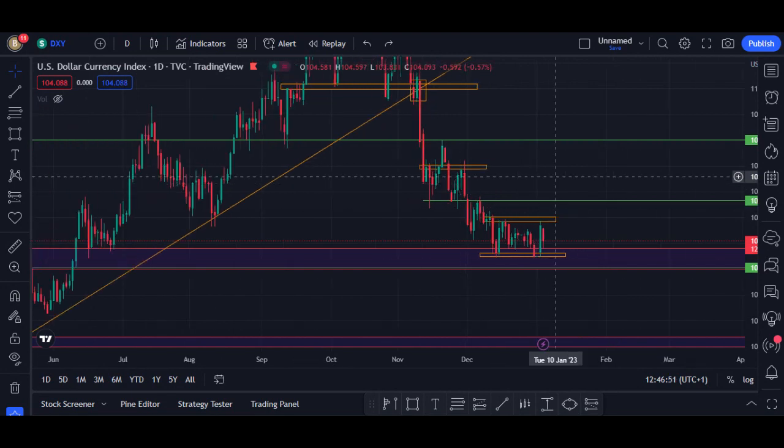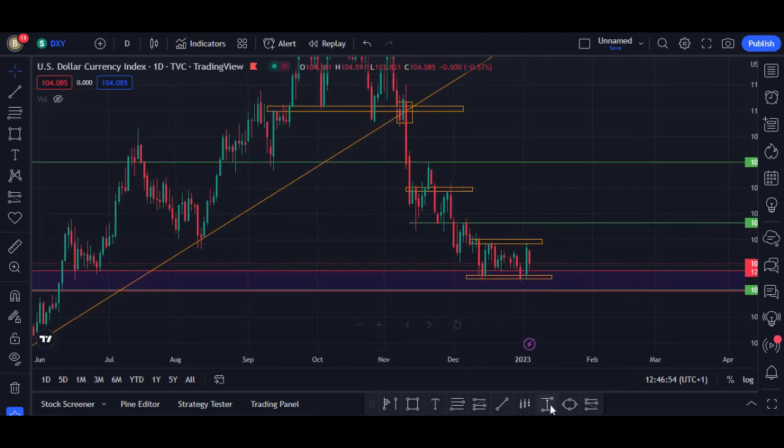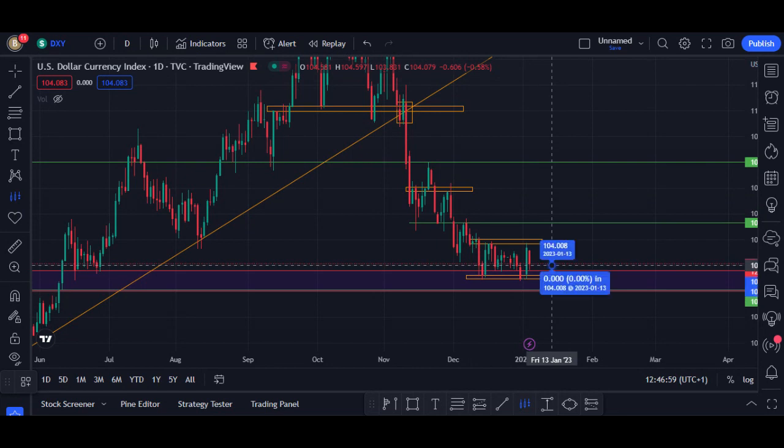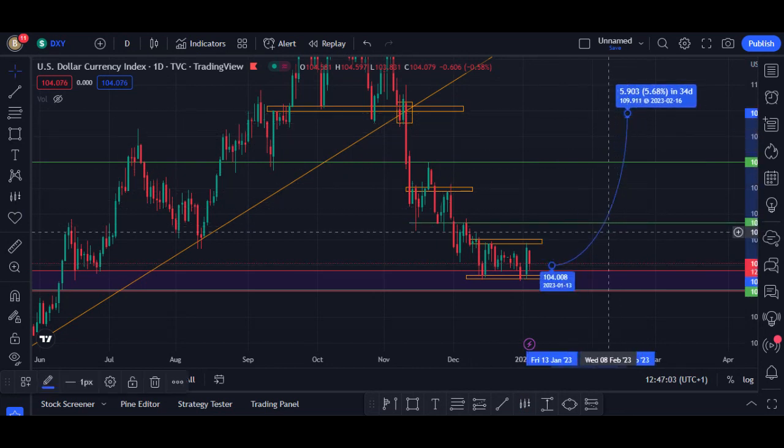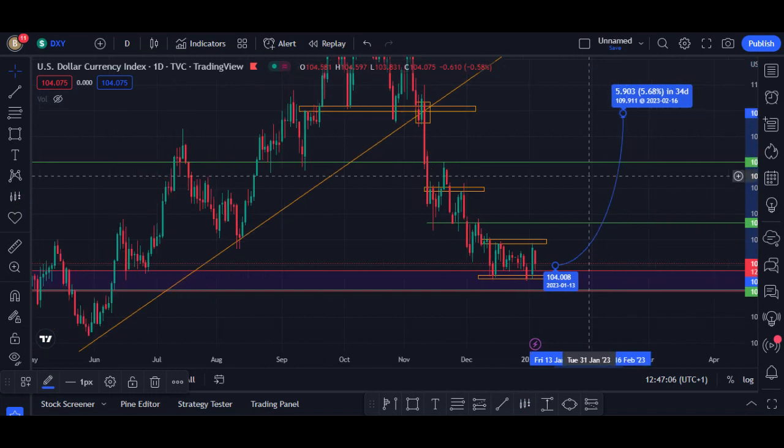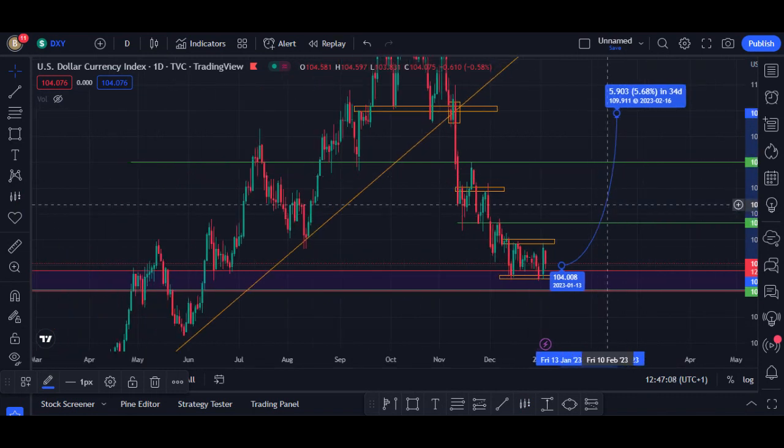I don't like predicting the market. I love reacting in the market. But I'm 40-50% favoring a bull run to the upside, sort of. But I'll wait to see what the market is going to tell me.